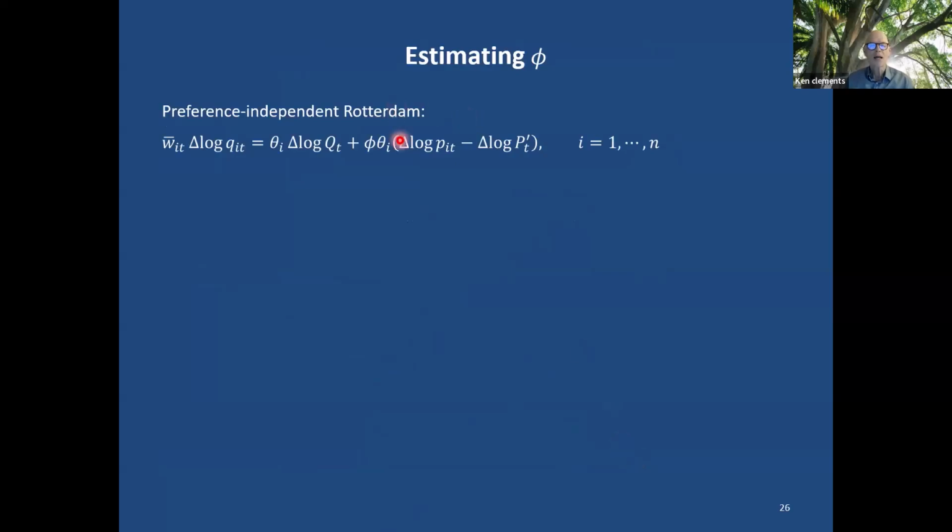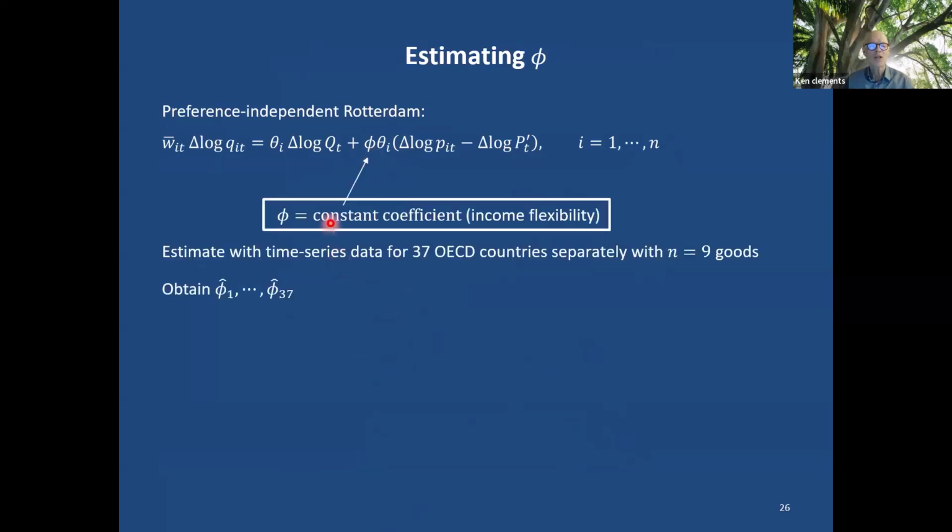Let's consider estimating this key parameter, the income flexibility phi, with time series observations from the preference independent version of the Rotterdam model. It's a constant coefficient in that model.